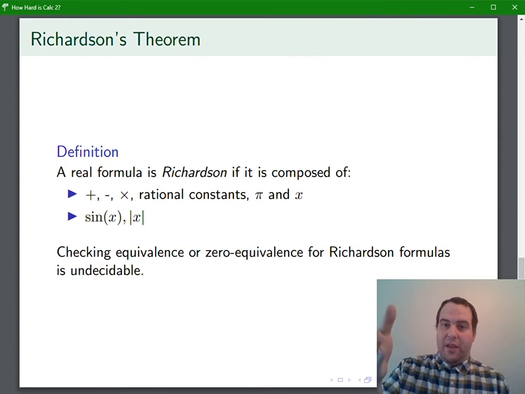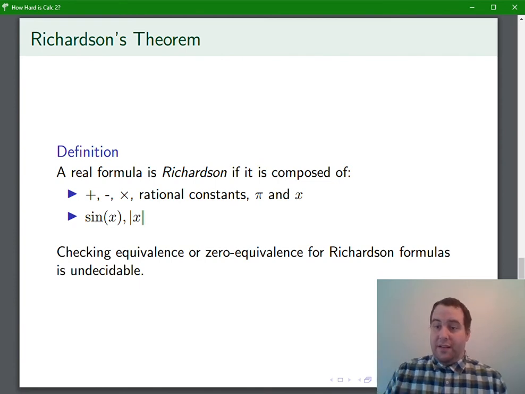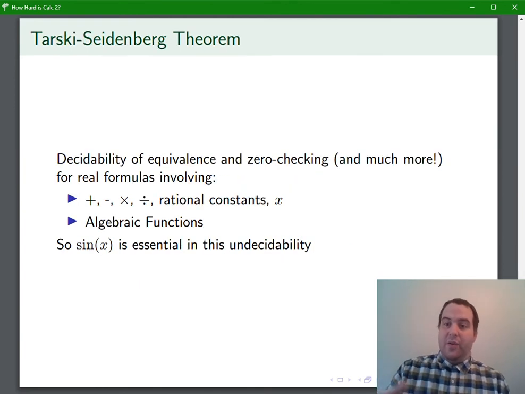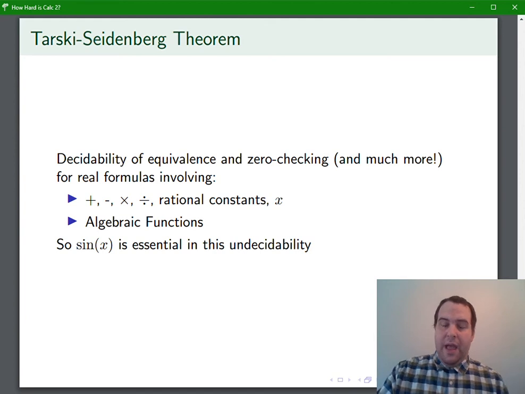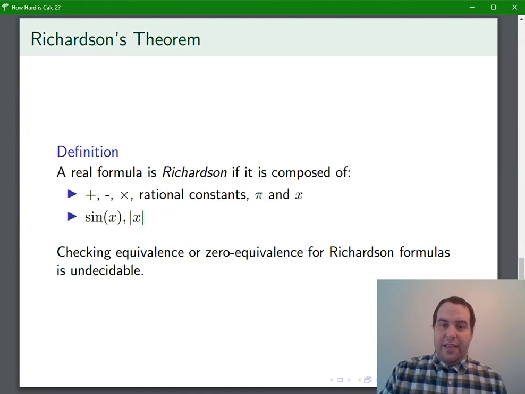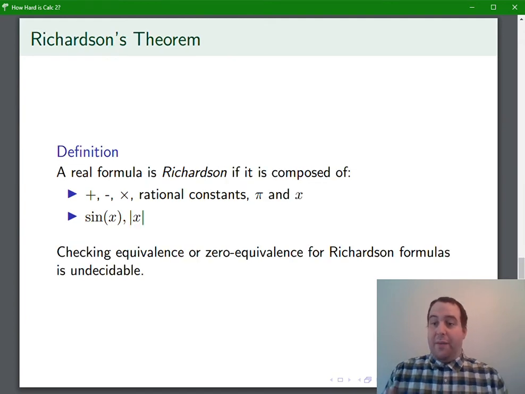Checking equivalence of these Richardson formulas is undecidable, whereas checking equivalence of these just purely algebraic formulas is decidable. And the only real difference is that over here we have sine of x, right? Absolute value of x is an algebraic function, so we have that in both cases. Over here, the real difference is that we have pi, and we also have sine of x.